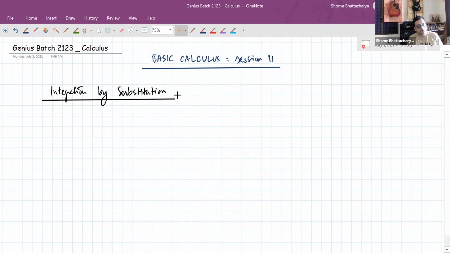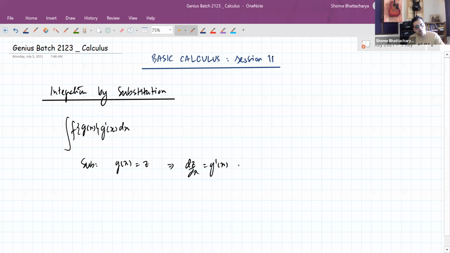We had discussed this type of substitution: when the integration involves a composite function f of g(x) multiplied by the derivative of the inner function, then we can substitute g(x) directly as a new variable, and therefore this and this can be substituted in the integration.